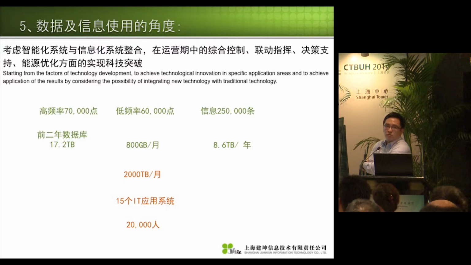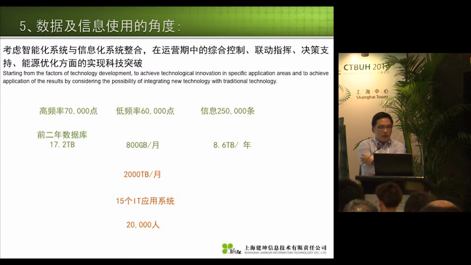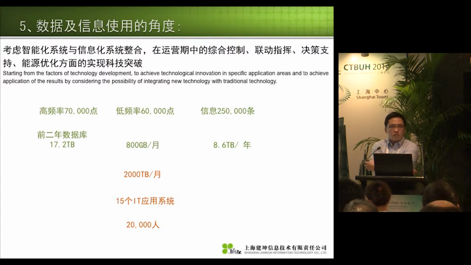And finally, for the analysis on demand, we have taken into consideration both the data and information use. You can also take a look at some figures on the slide. According to our estimation, there will be around 70,000 high-frequency data points and around 60,000 low-frequency data points.